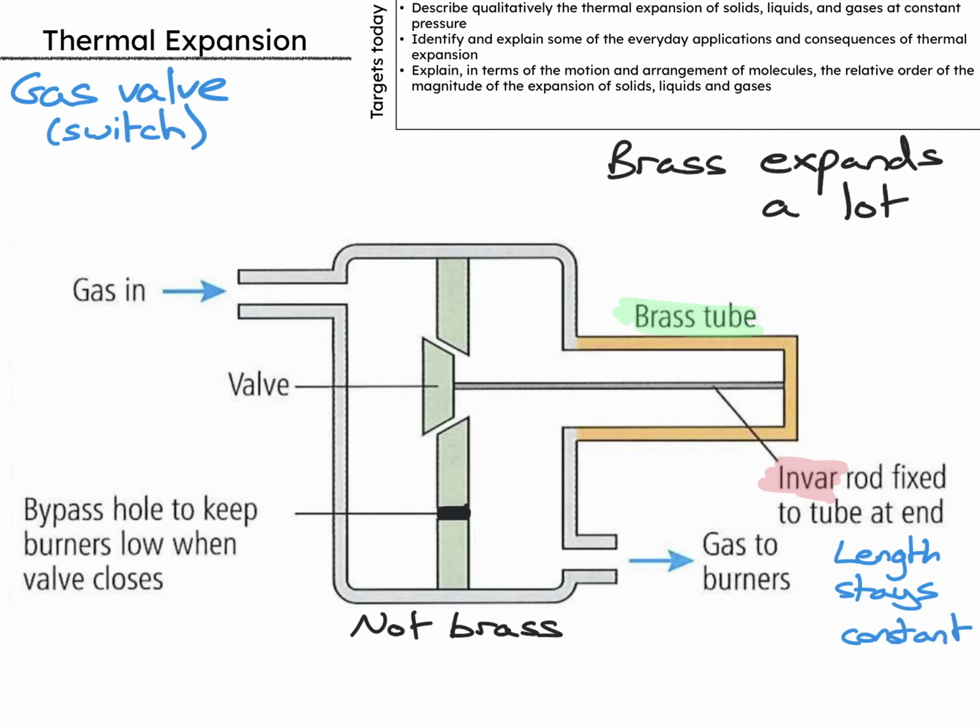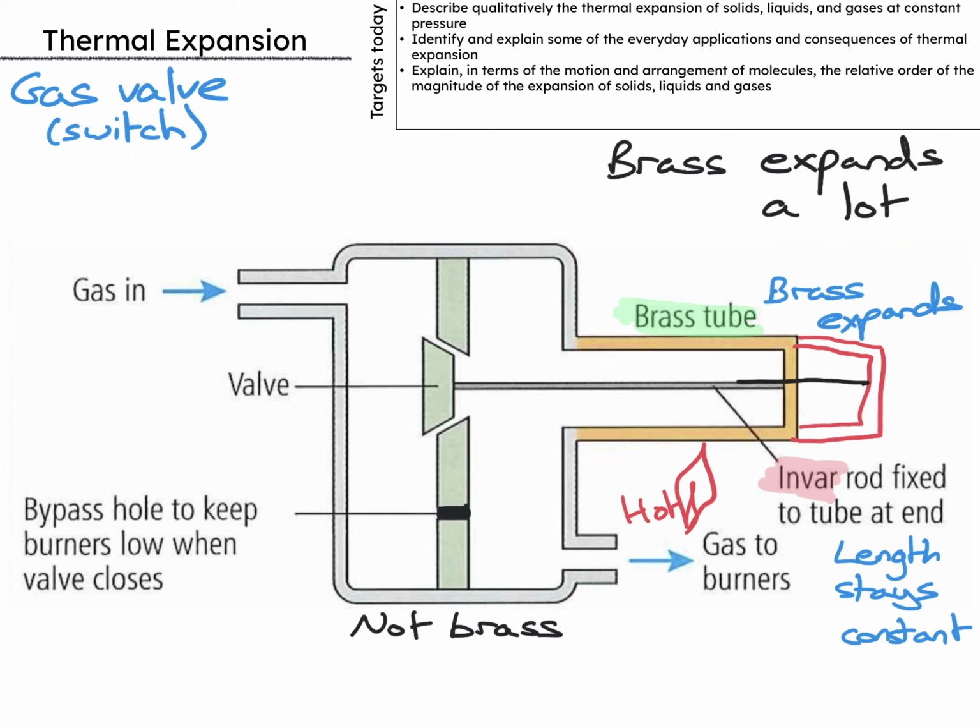So let's put that property to use. As gas flows through, out the exit to a burner, the gas burns and it heats up the room. This makes the brass get hot, so it expands. It's going to expand in all directions, but we only care about it getting longer.